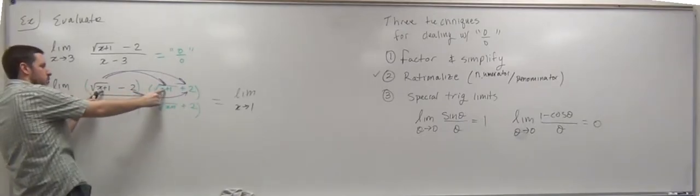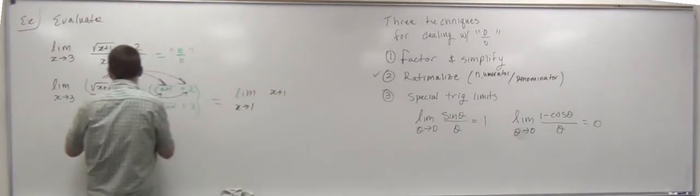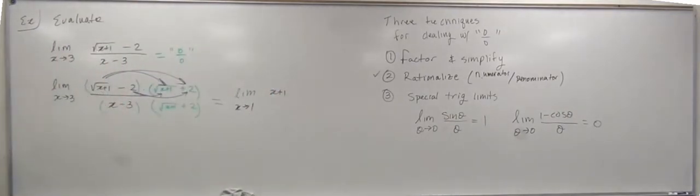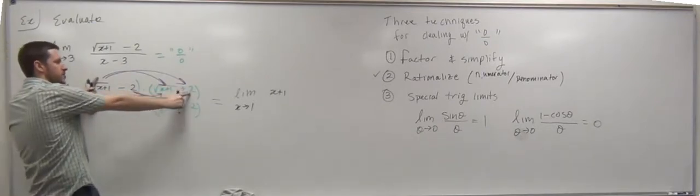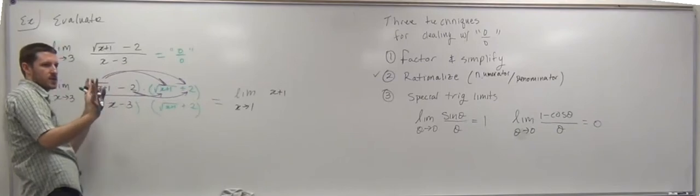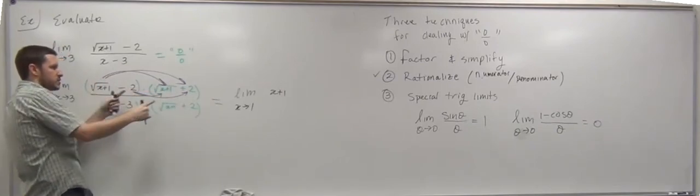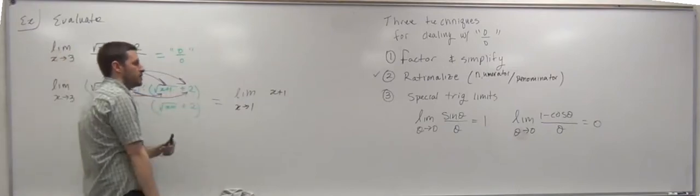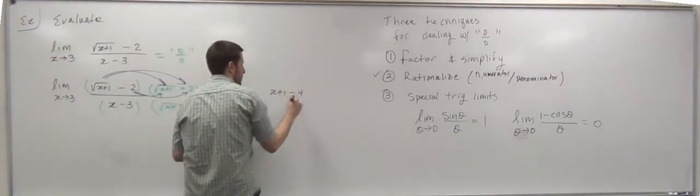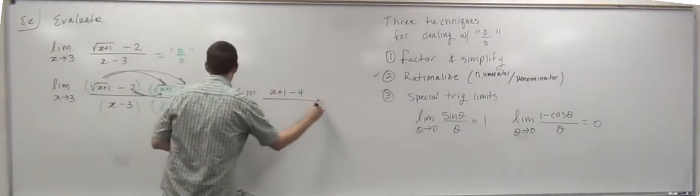The root x plus 1 times root x plus 1 is obvious because it gets rid of the root. The root x plus 1 times the 2 and the root x plus 1 times the negative 2 are going to cancel. Because one's plus and one's minus, they're going to cancel. I'm not even going to write it. So the only thing left to do is negative 2 times positive 2. Minus 4. On the bottom, leave it as it is.